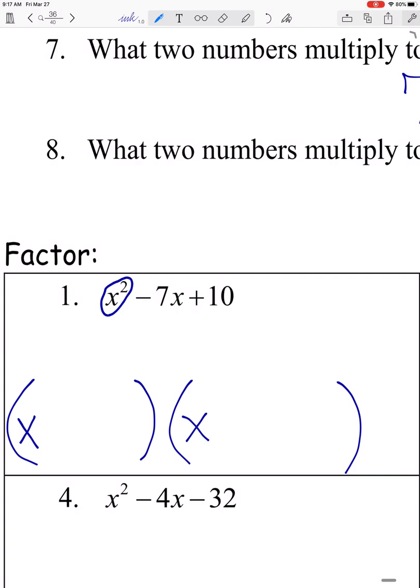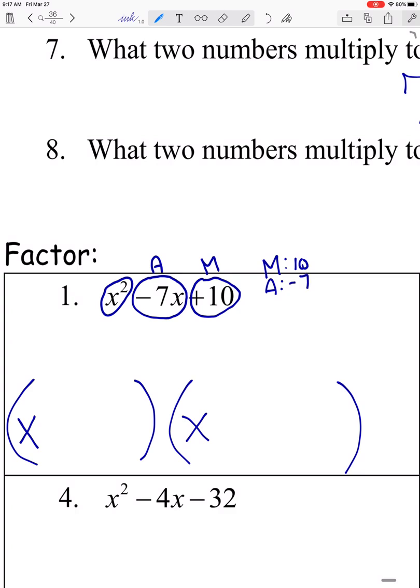Now we're looking for 2 numbers that multiply to the last number and add to the middle number. So I'm looking for 2 numbers that multiply to 10 and add to negative 7.